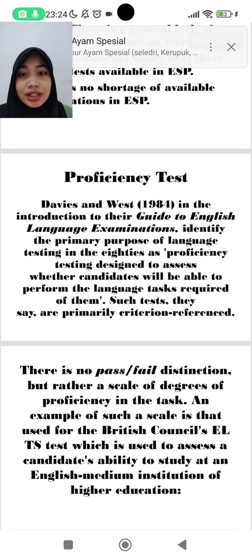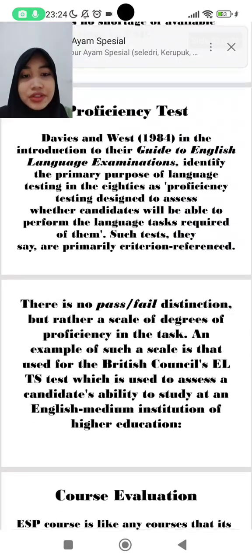Proficiency test. Davies and West, 1984, in the introduction to their guide to English language examinations, identify the primary purpose of language testing in the 80s as proficiency testing designed to assess whether candidates will be able to perform the language tasks required of them. Such tests, they say, are primarily criterion referenced.